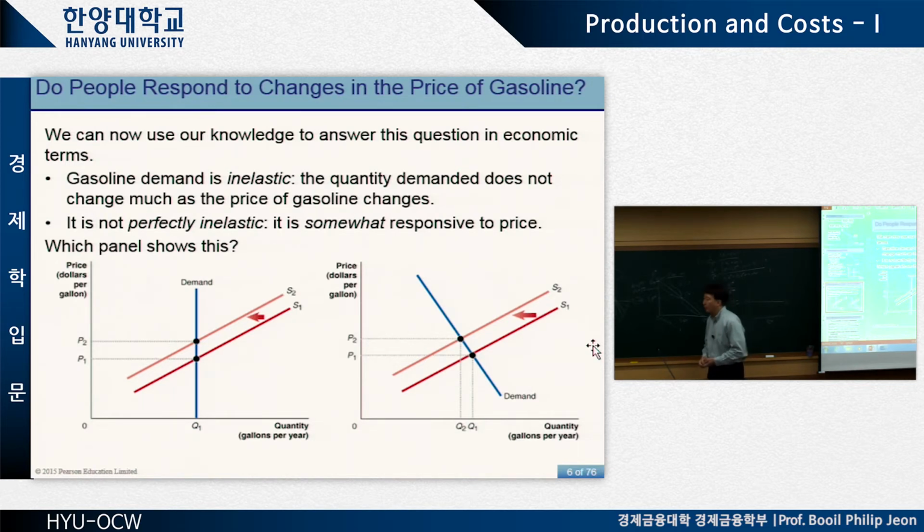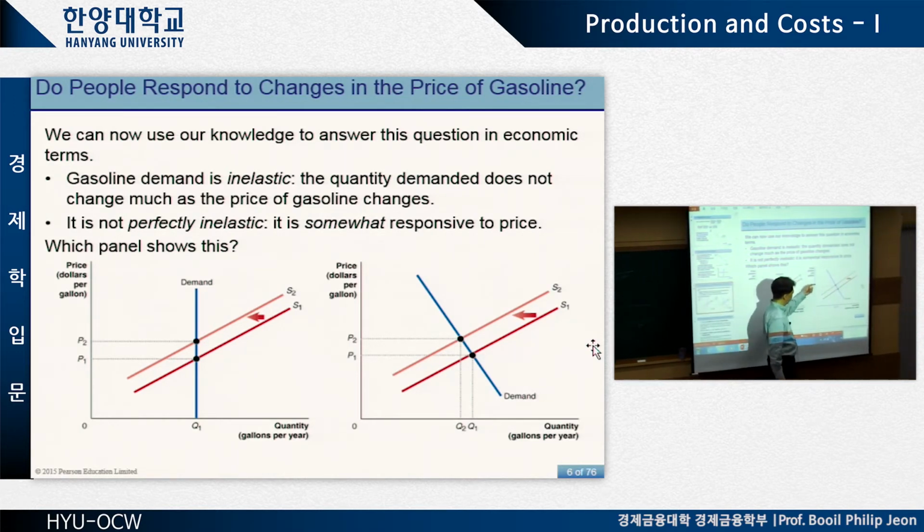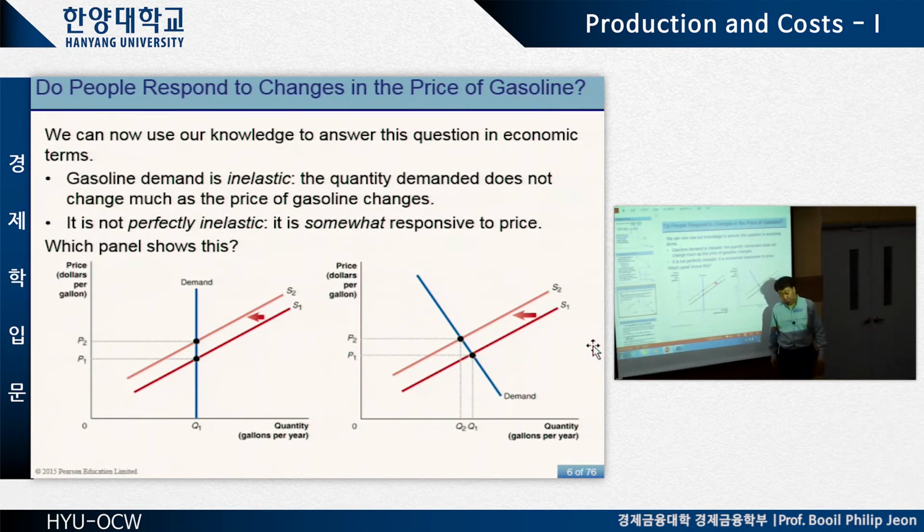Well, even if gasoline is a necessity, it still is not a perfectly inelastic product. So it's not really a vertical line, it's more like this. It's rather steep, which means for a certain amount of price change, the change in quantity demanded will be relatively small, or consumers are relatively unresponsive to the price change.